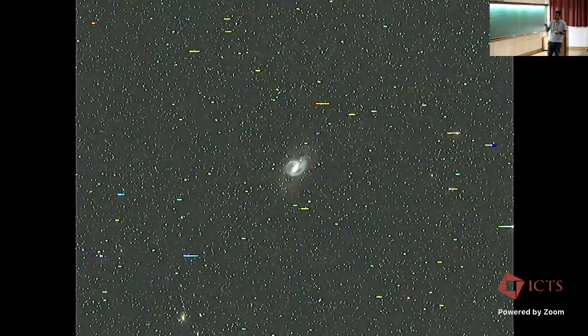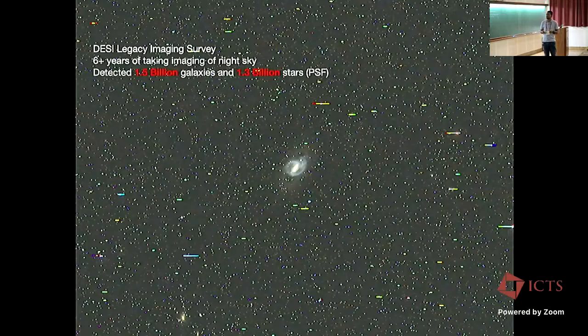This image is from a survey like that, which gives you something like 1.5 billion galaxies and 1.3 billion stars. It is observed through 3 different telescopes, and you have a really large amount of data. And this is nothing once LSST comes online, so it will be completely dwarfed very soon.